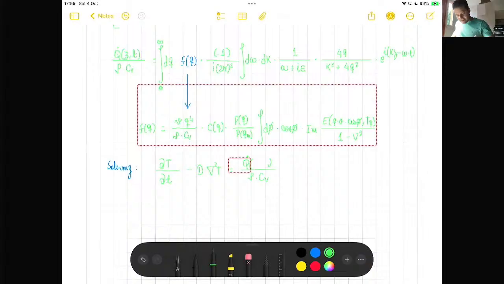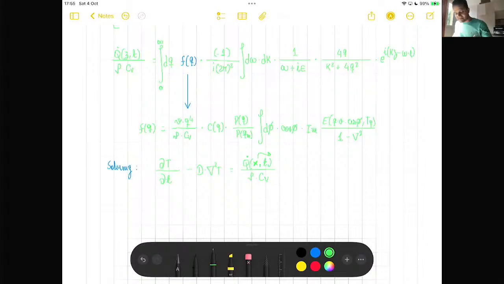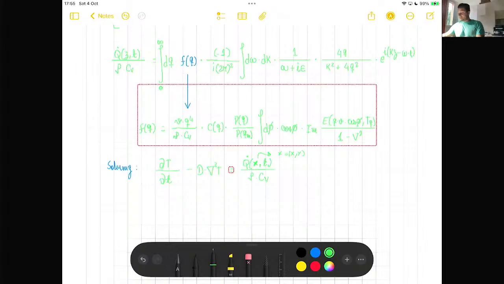And here this is a function of the vector x and time, where x is given by x, y.